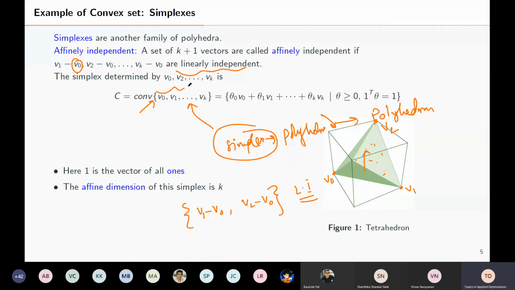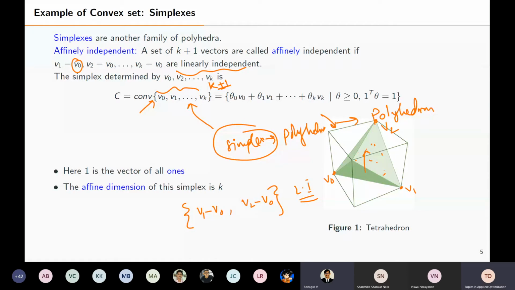You see here there are k plus 1 vectors, but the dimension of the simplex we will call k. So the affine dimension of this simplex will be k. So if we take k plus 1 vectors, they will be affinely independent.